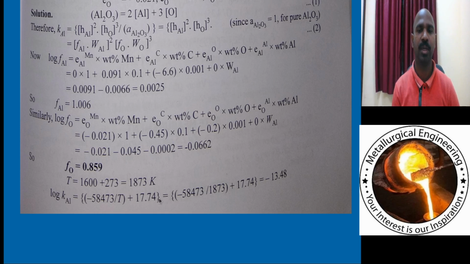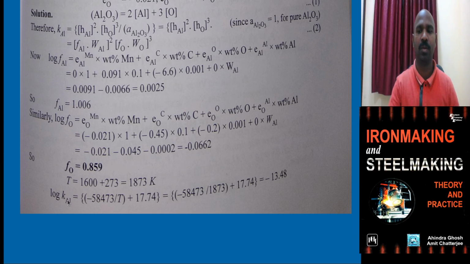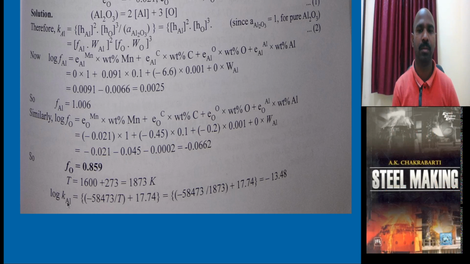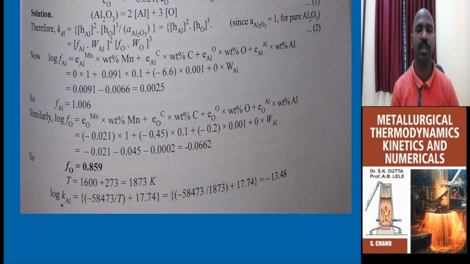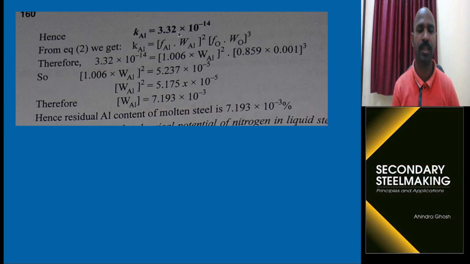The temperature was given as 1600 degrees Celsius, which converts to 1873 Kelvin, and with the free energy equation you can calculate the equilibrium constant K of Al on the left side. Substituting T equal to 1873, log of K of Al comes to minus 13.48, and removing the log, 10 to the power of minus 13.48, K of Al becomes 3.32 into 10 to the power of minus 14.